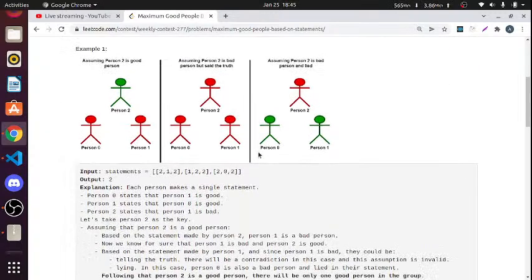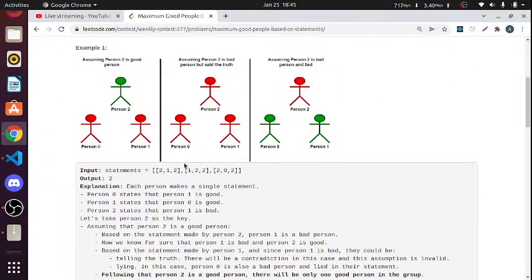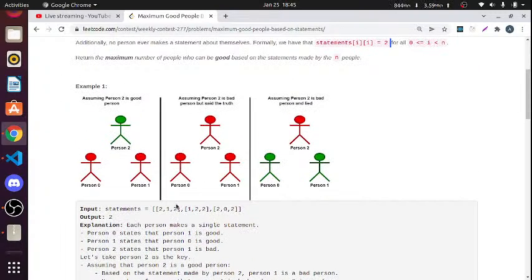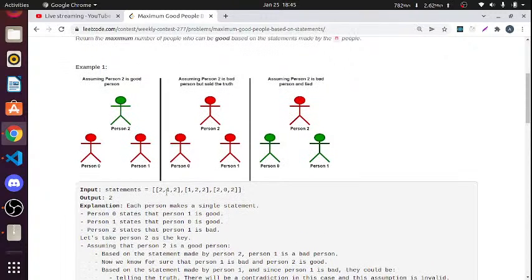So the question is very much vague. Let me write in my copy. So here is 2 1 2, 1 2 2 and 2 0 2. Okay, so the first person tells about the second person 1, means he is good.